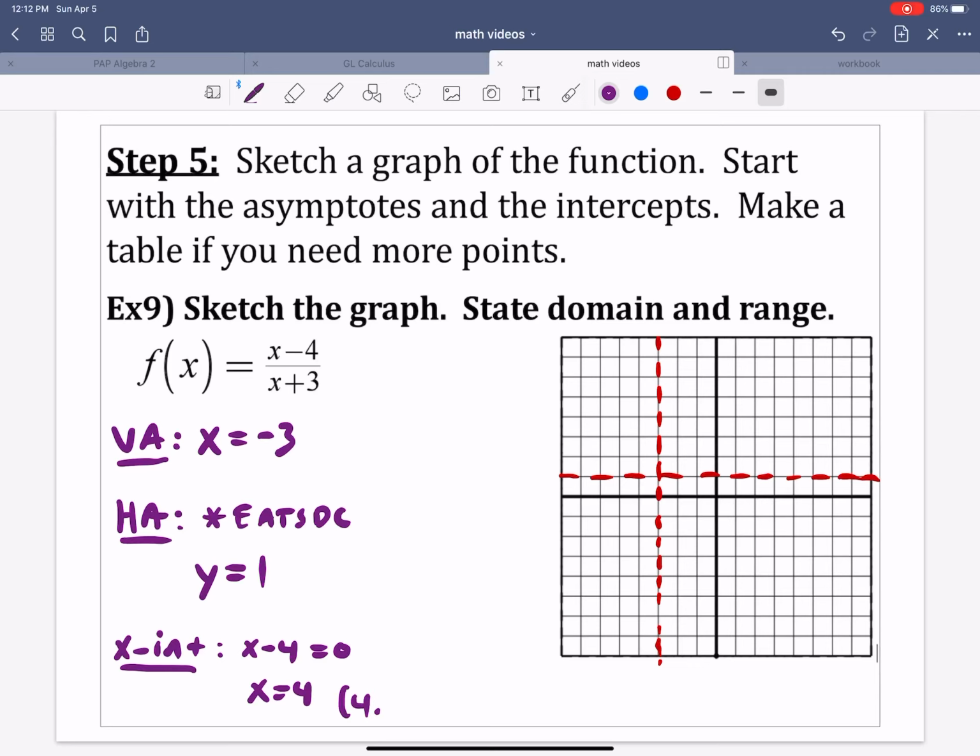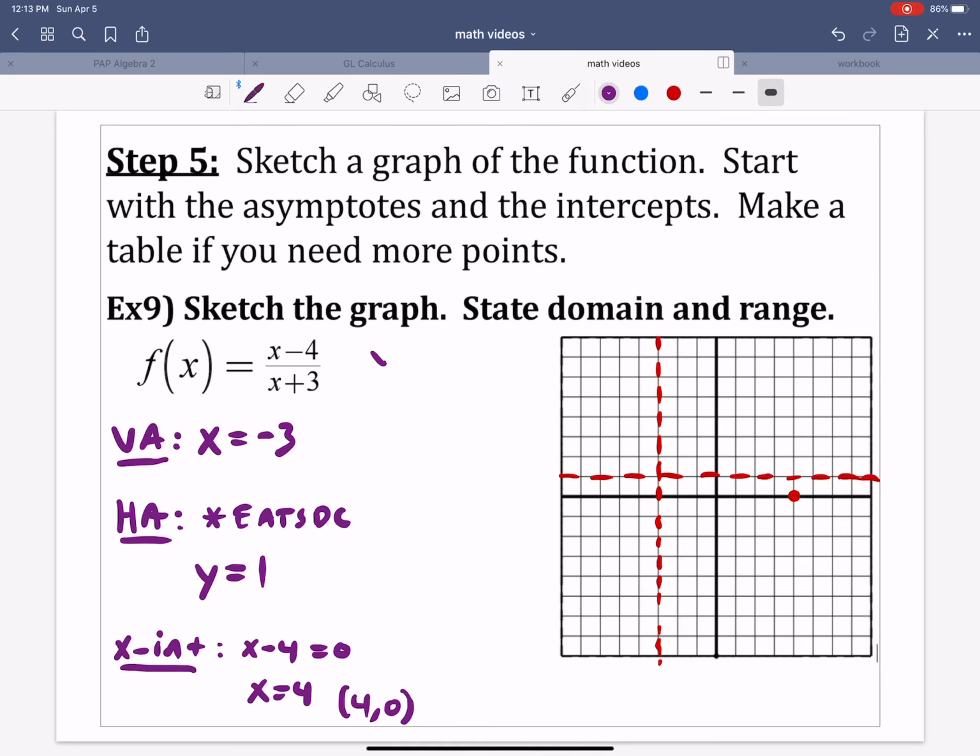Okay, so that's the point (4, 0). So I'm going to add that to my graph. 1, 2, 3, 4. Put that right there. Okay. So what that tells me, guys, is the location of that point tells me there's going to be a branch that's somewhere in this quadrant right here. And there's going to be another one up here somewhere. Okay, so that's a good piece of information that we just gathered here.